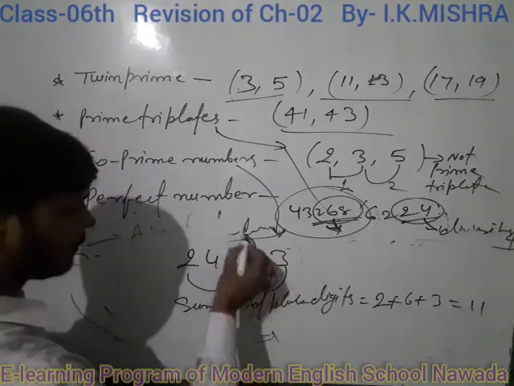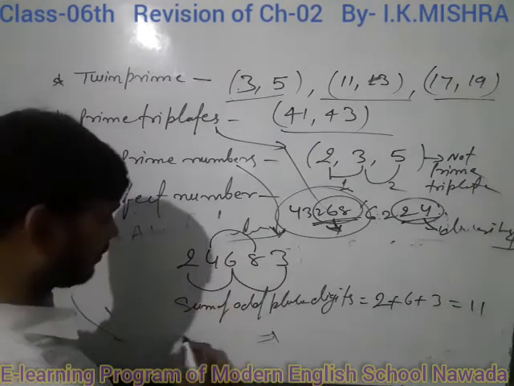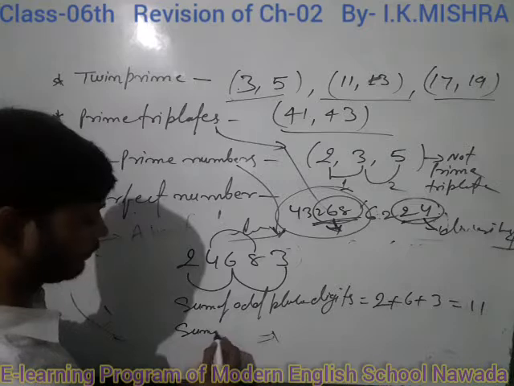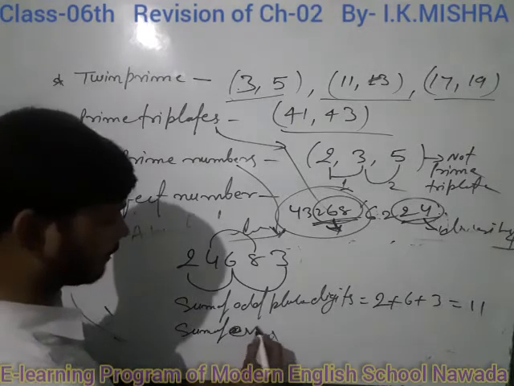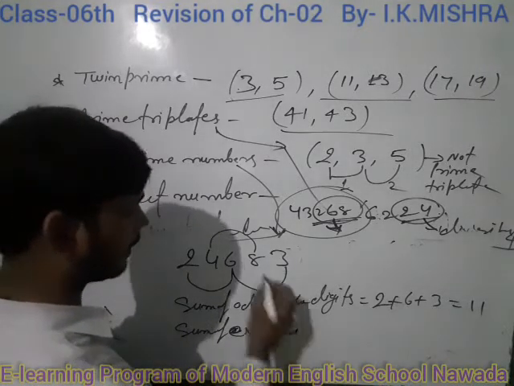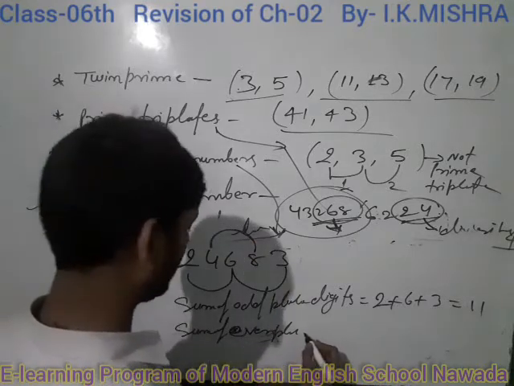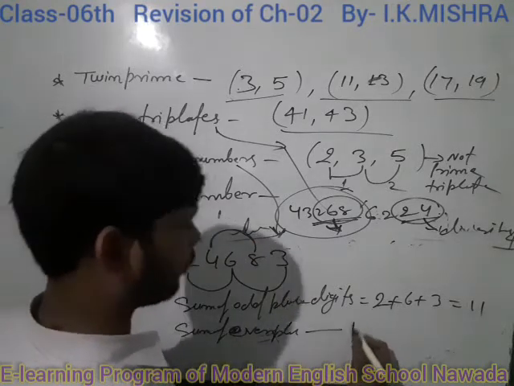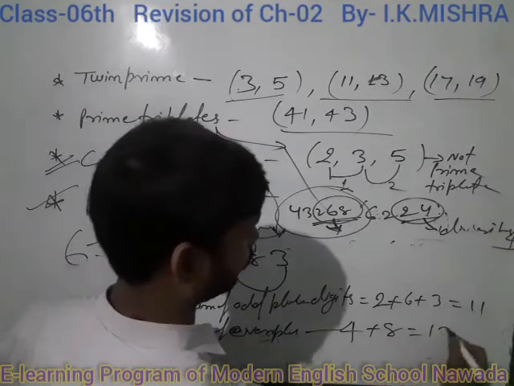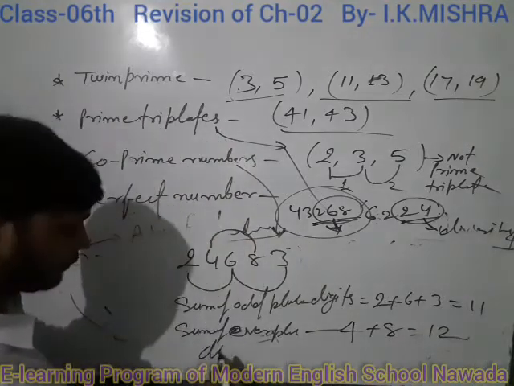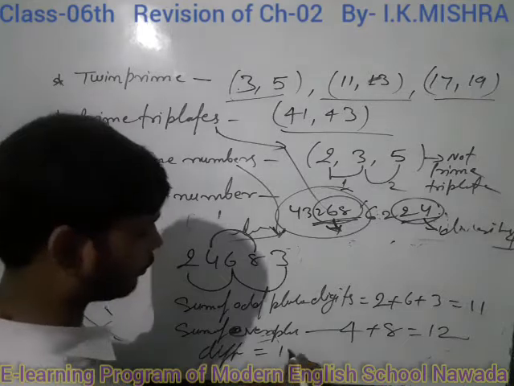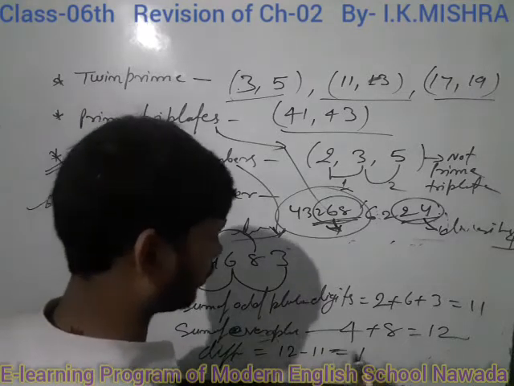And the even place means starting from the second. So here the even place digits sum 4 plus 8 is equal to 12, and the difference is 12 minus 11 is equal to 1.